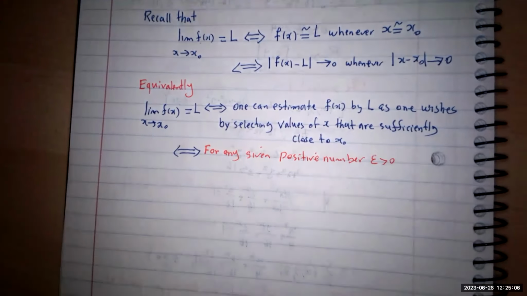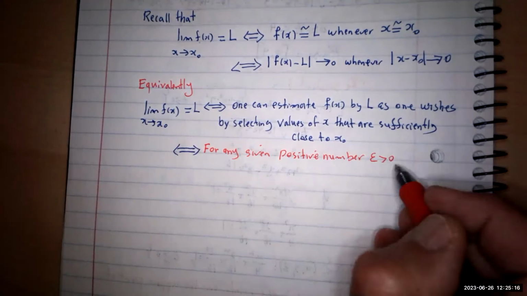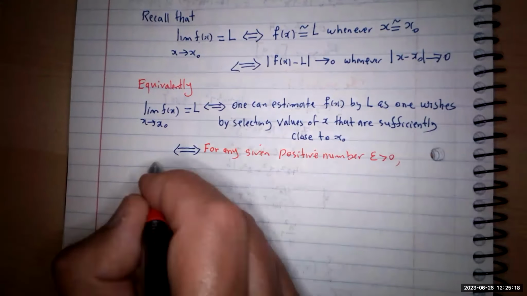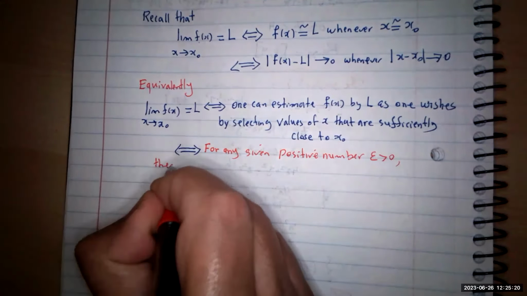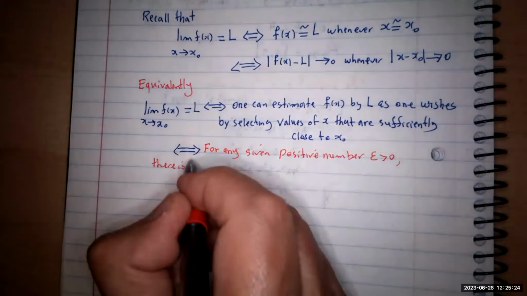E stands for the error. So that's a percentage of error. You give me your tolerance, I do it for you. For any given positive epsilon, I have to force the x. I can find, this is the percentage of error for x, there is a positive number.